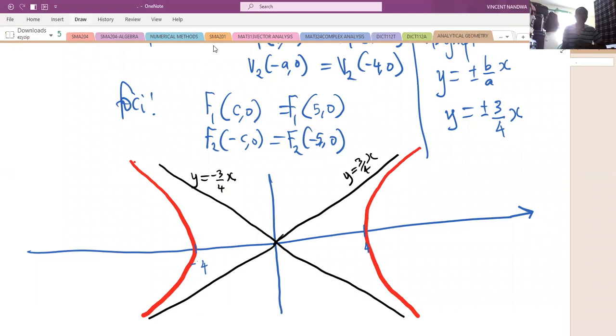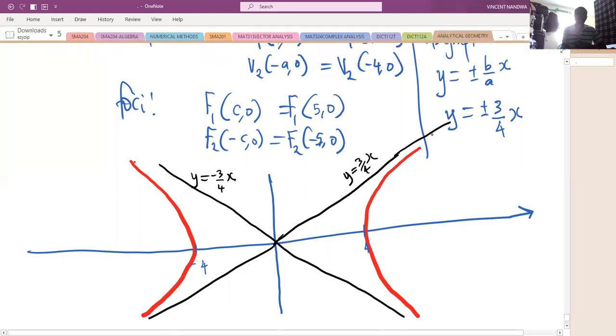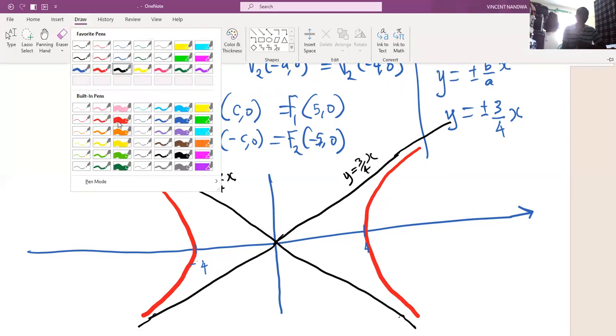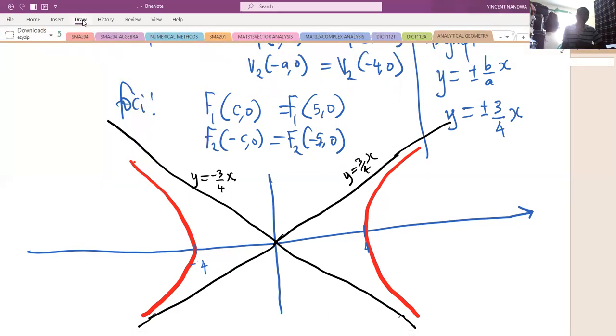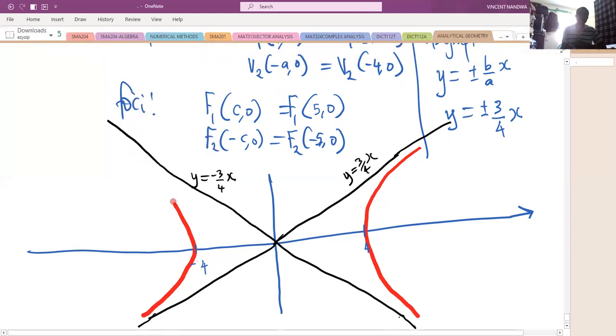So this is what we have. So this is the graph.